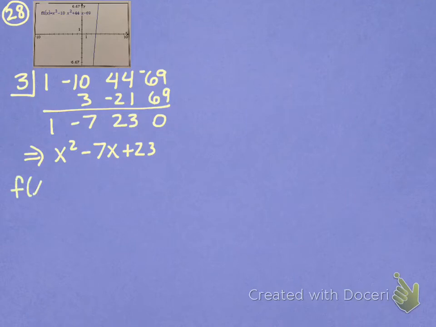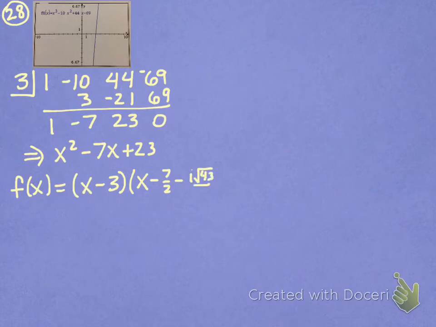So we have f of x equals x minus 3, from the 3 we got from our synthetic division, times x minus 7/2 minus i times the square root of 43 over 2, times x minus 7/2 plus i times the square root of 43 over 2.